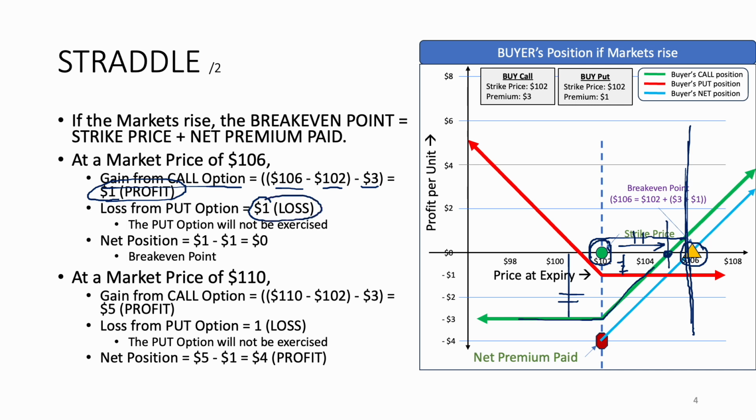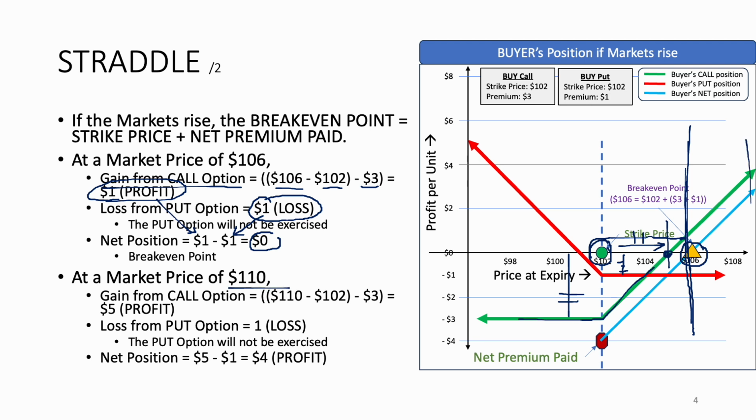So the net position is that he earns $1 from the call option and loses $1 from the put option. So he has a net position of $0. That is, he breaks even at this point. So you see that the break-even point of the straddle strategy is higher than if we had just purchased the call option.